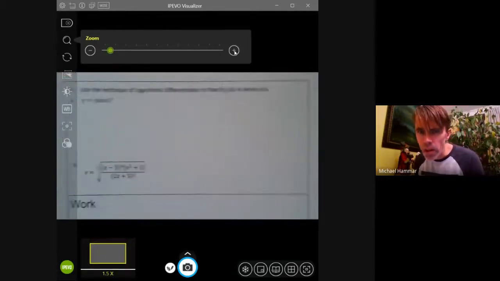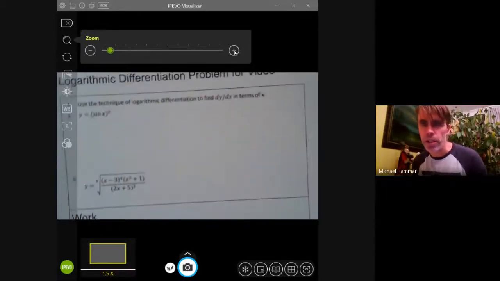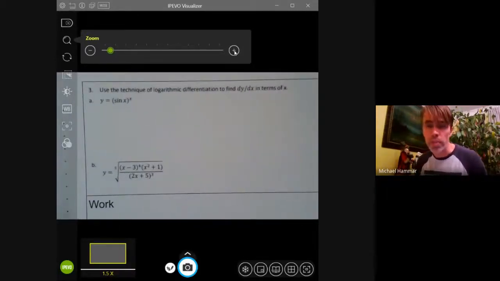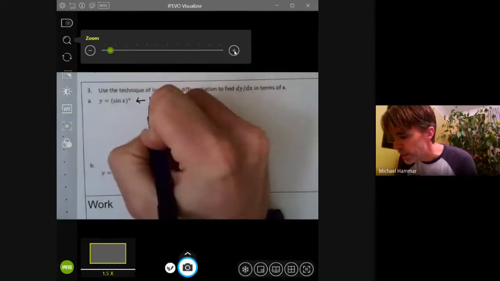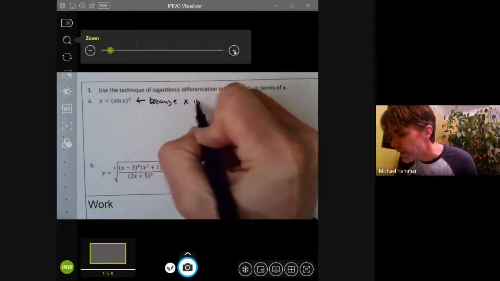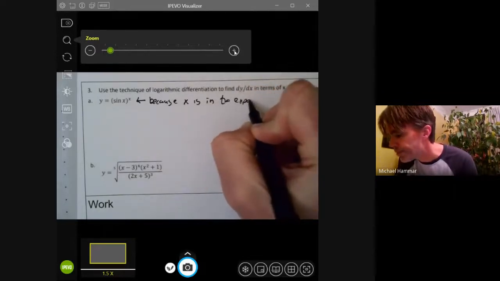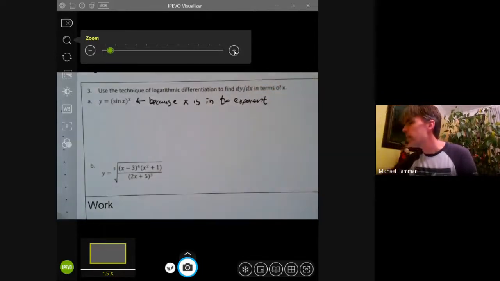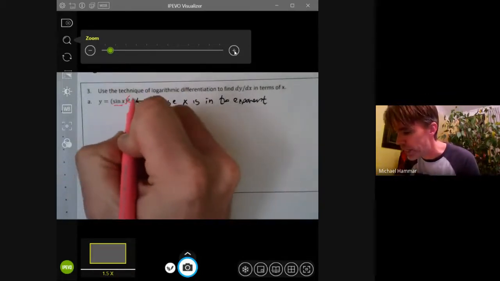First of all, we are going to talk about when you use logarithmic differentiation. These are two really good problems that explain when you would use it. This first one, the reason you would use it is because x is in the exponent. If you take a look here, you will notice that it's sine of x, but we also have the x power.